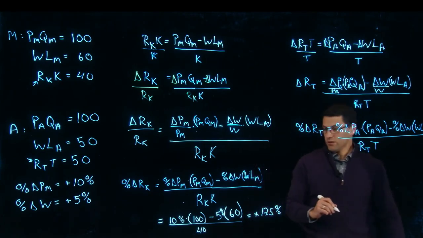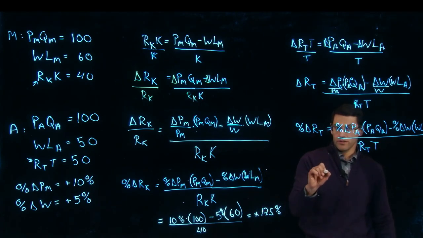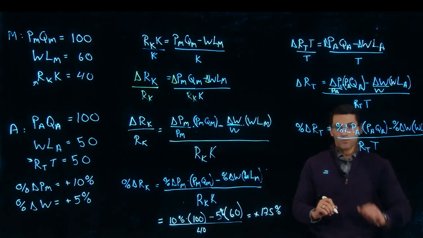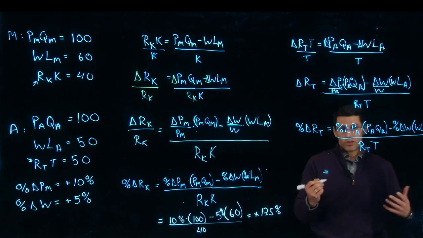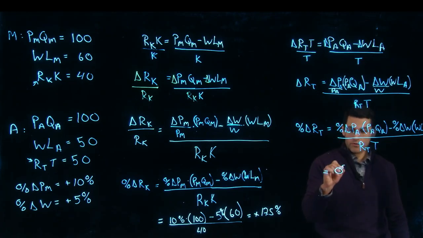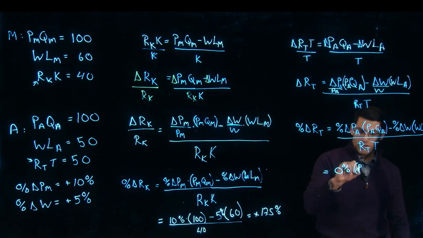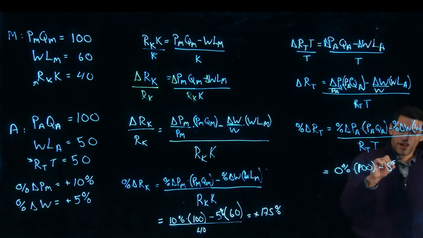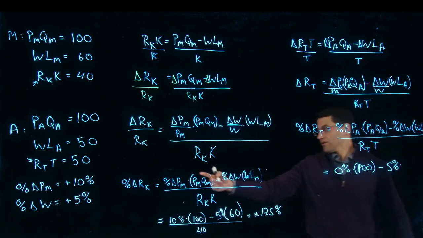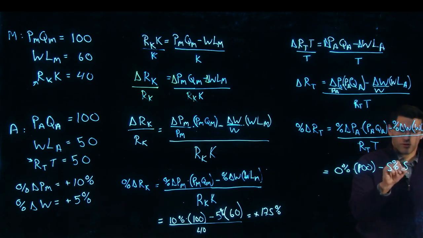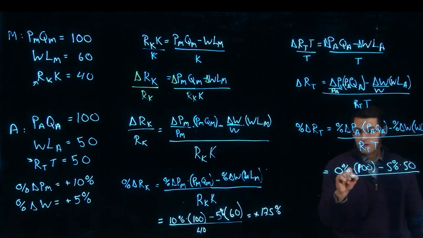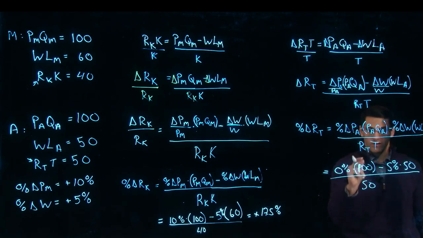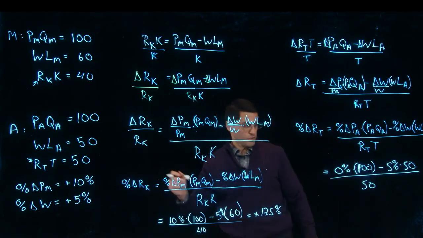For the rental rate on land, what's the percent change in the price of agricultural goods? To keep things simple, we held that at 0, no change, times the 100, minus the 5% change in the wage times 50 for the payments to labor divided by payments to land, which are 50.